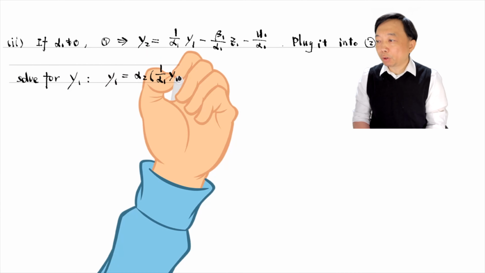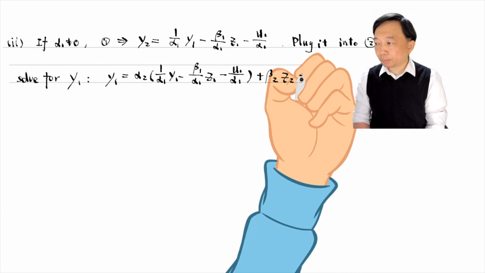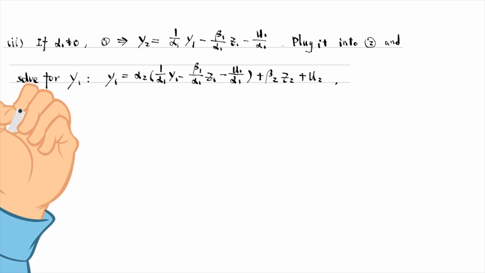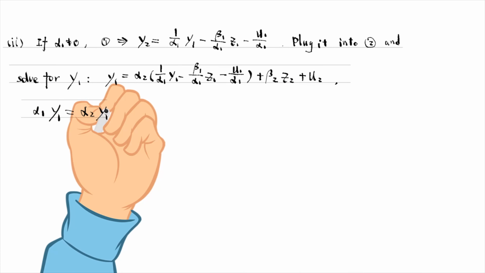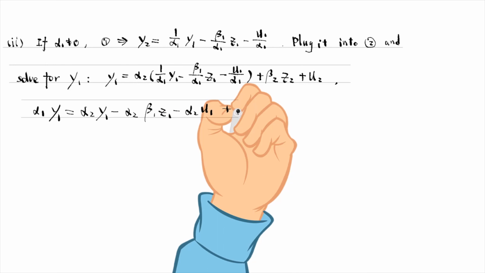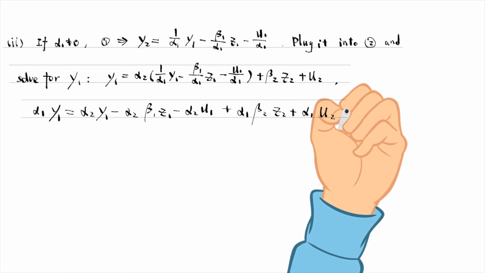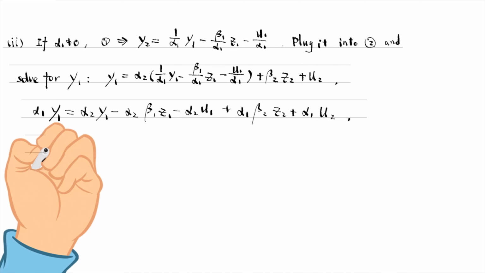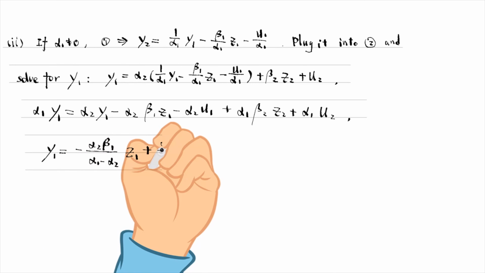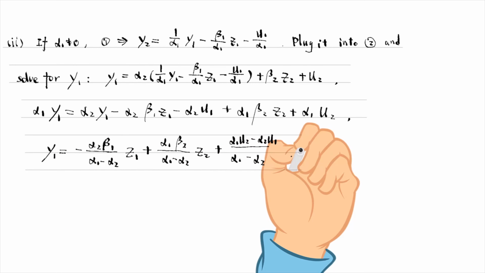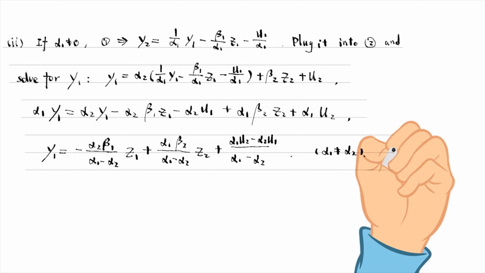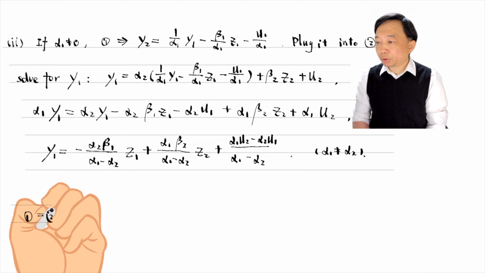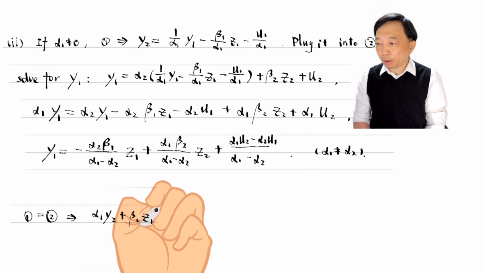The reduced form equation for y1 is as follows. We can also derive the reduced form equation for y2.